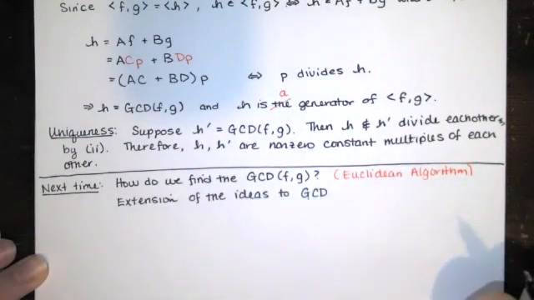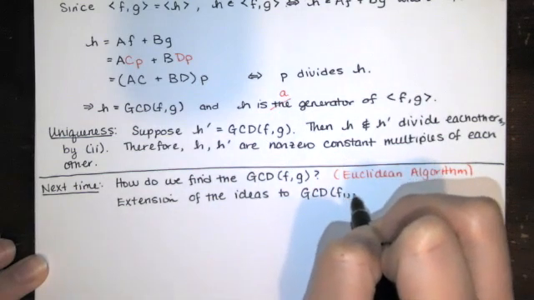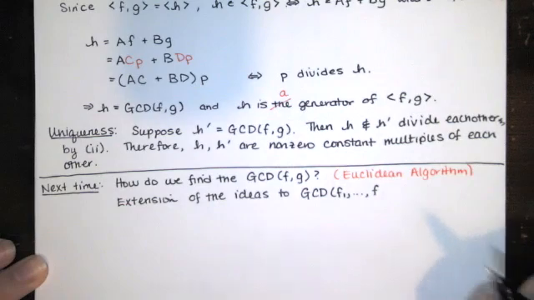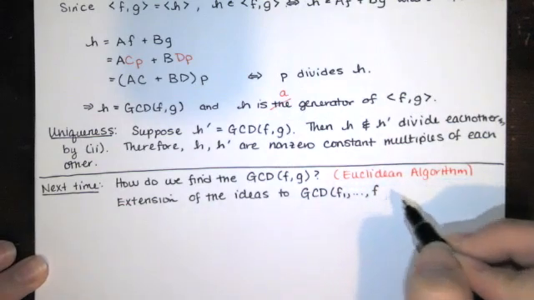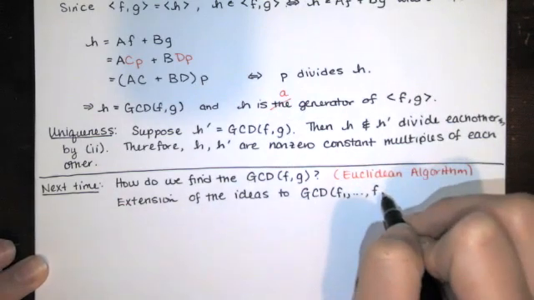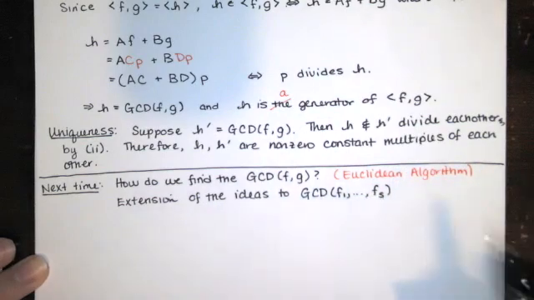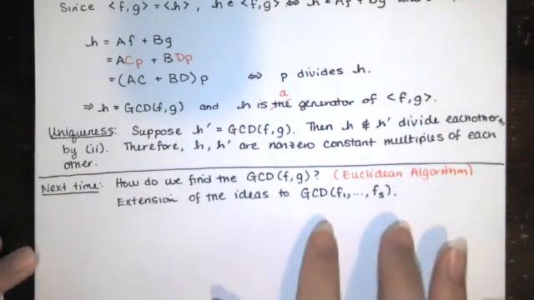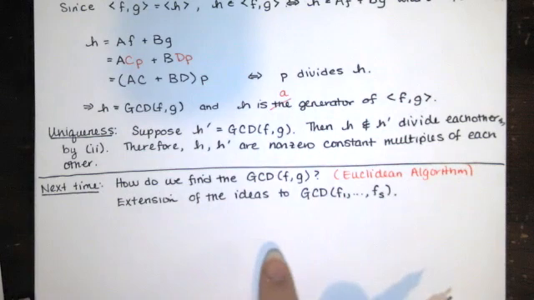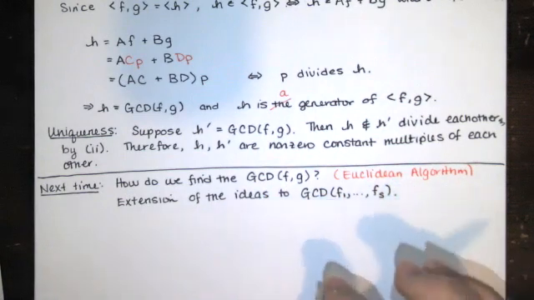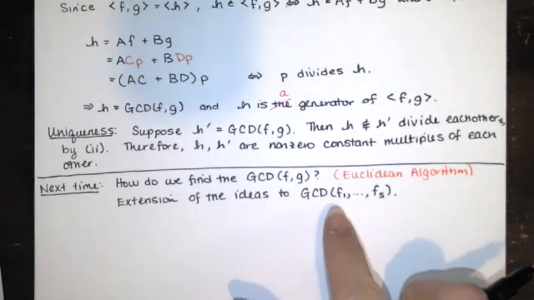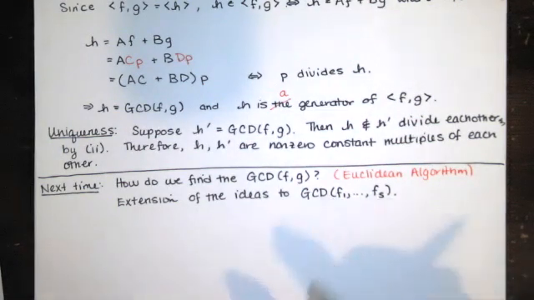It turns out that if you have an ideal generated by f sub 1 through f sub s, a polynomial generator of that is just the GCD of all of these guys. So we're going to talk about how we find that GCD when you have two functions, and then we're going to talk about how to extend what we've already talked about to s functions rather than just the two functions.